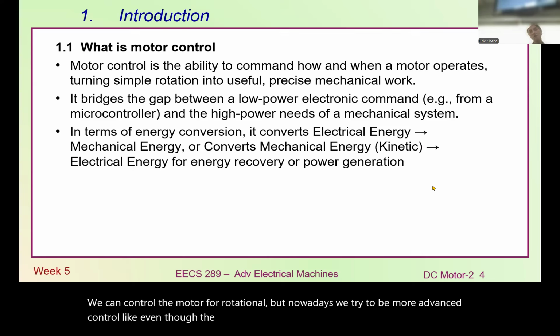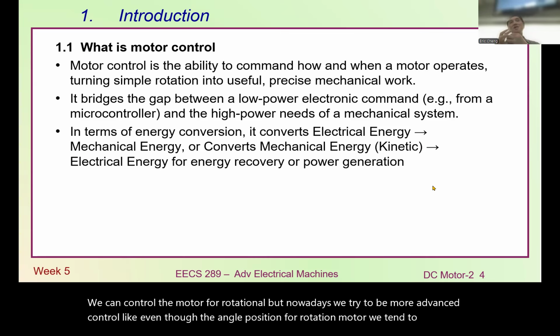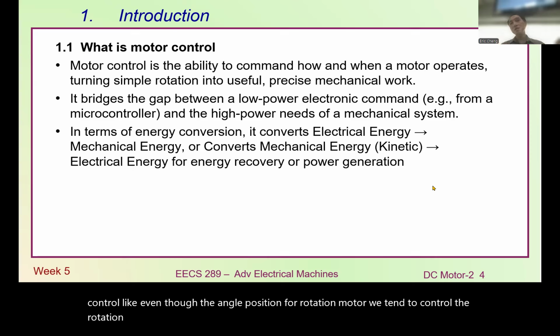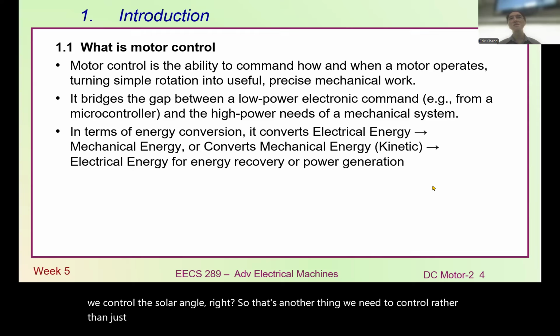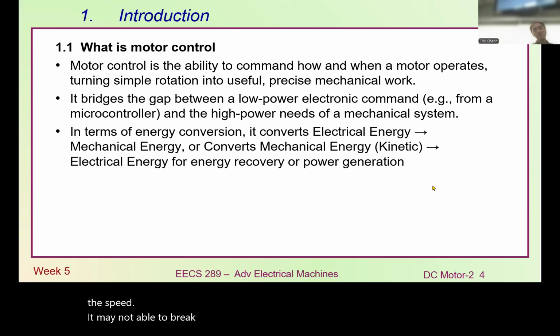For a rotation motor, we tend to control the rotation angle, but for a linear motor, we try to control the linear position. For a 3D motor, we control the solid angle, right? So that's another thing we need to control, rather than just the speed. If you see an electric vehicle, if we only control the speed, we may not be able to stop the vehicle at the exact position.